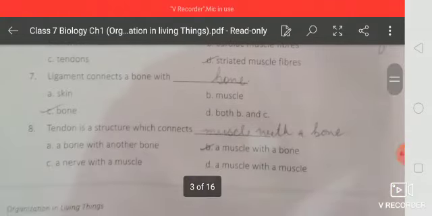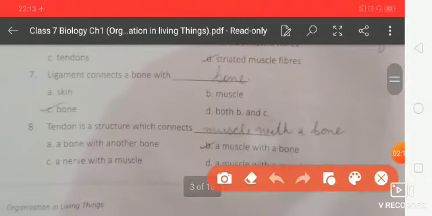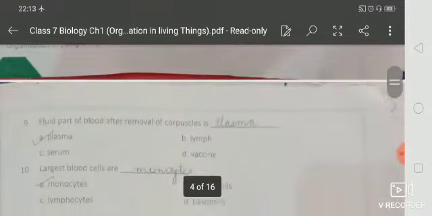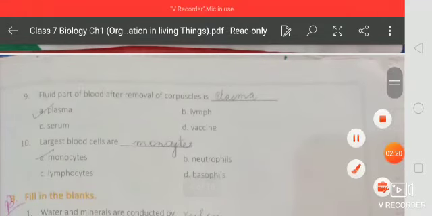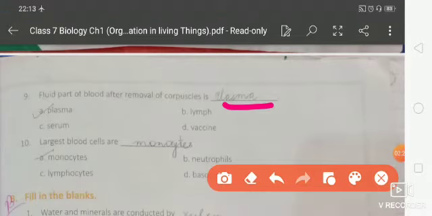Next one is ligament, it connects bone with bone, and tendon connects bone with muscles. The fluid part of blood after removal of corpuscles is plasma, and the largest blood cells are monocytes.